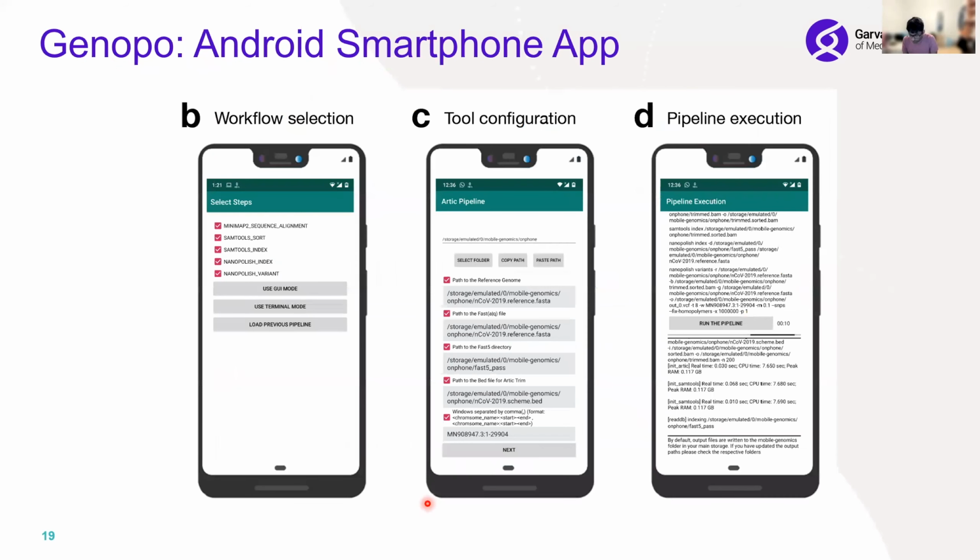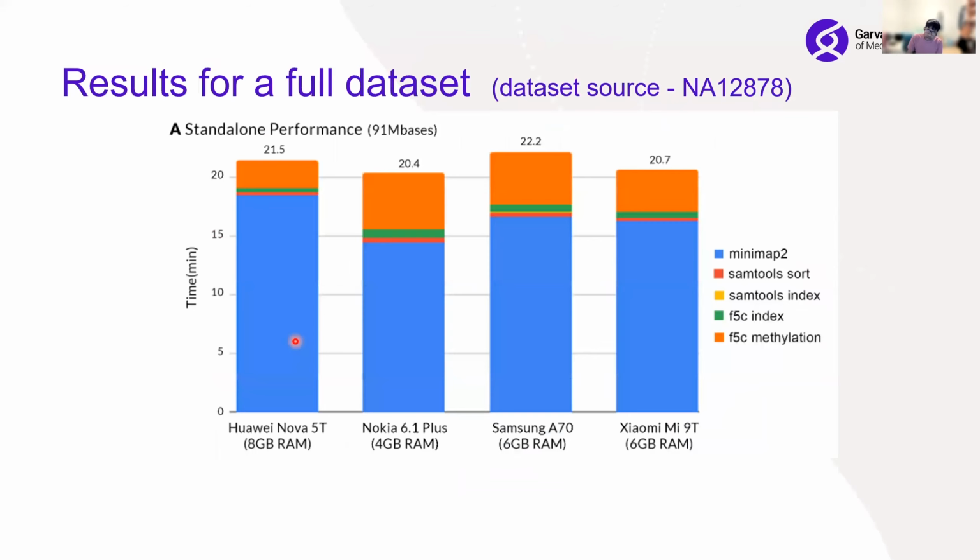So the GUI looked like this, and the performance was quite good, which we tested using a small human genome dataset on some cheaper phones.